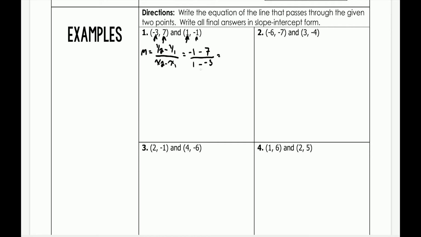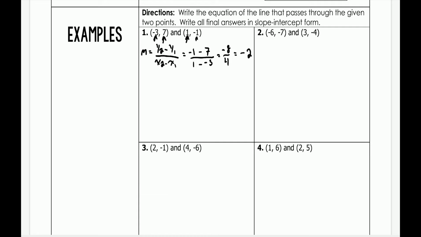Now we simplify. We have -1 minus 7, that's -8, and 1 minus -3, that's the same thing as 1 plus 3, it's 4. Then -8 divided by 4 gives me -2. So the slope is equal to -2.